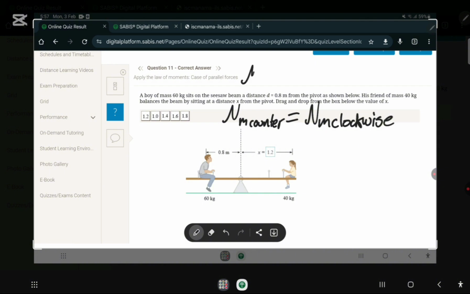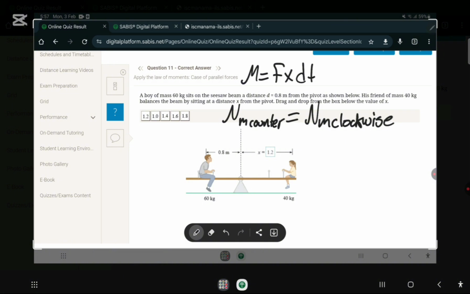We use moment equals force times perpendicular distance. The force here is weight, which is mg. We assume gravity is going to be 10 meters per second squared. You have to have it memorized.